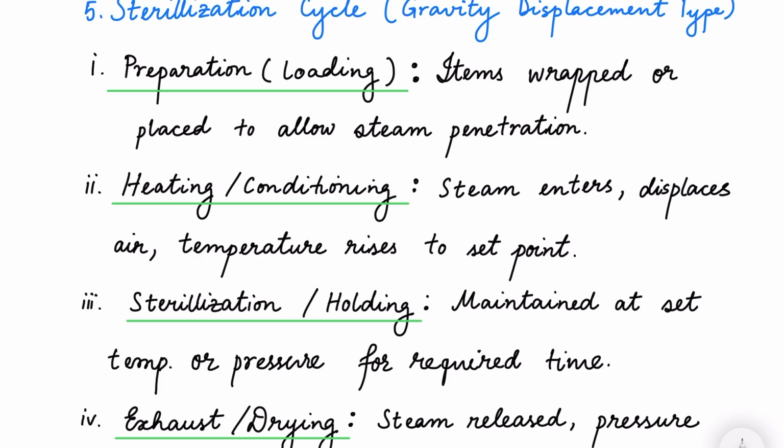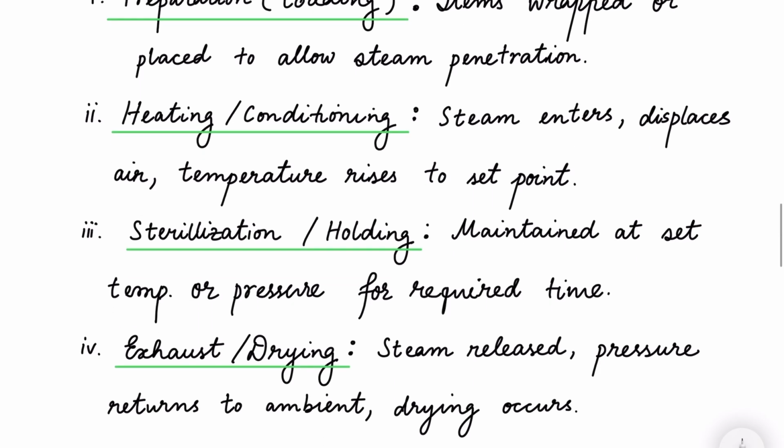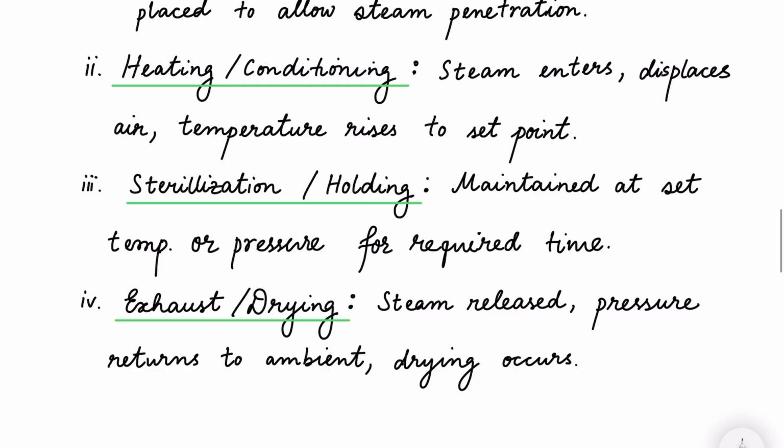Once the autoclave is loaded, the sterilization process follows a specific cycle. First comes the preparation or loading stage, where materials are placed in such a way that steam can freely circulate. This is followed by the heating or conditioning phase, during which the steam enters the chamber and displaces the air, causing the temperature to rise gradually to the set value.